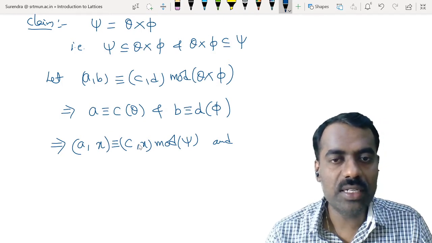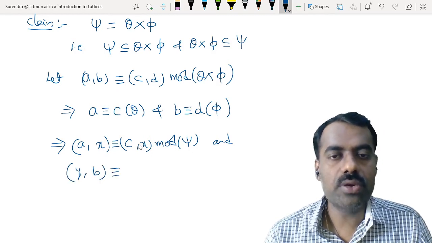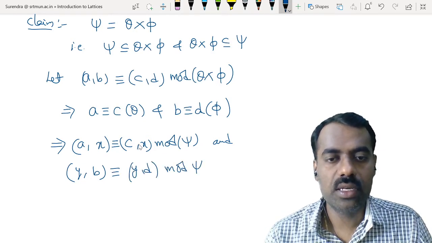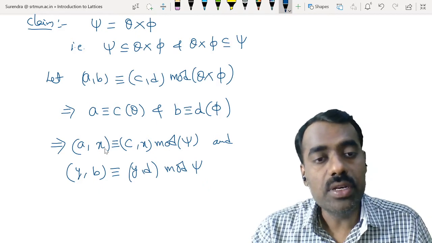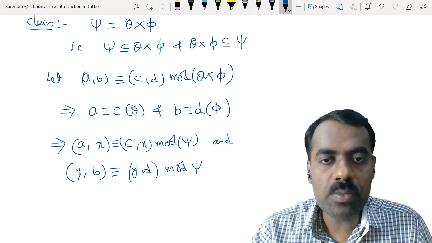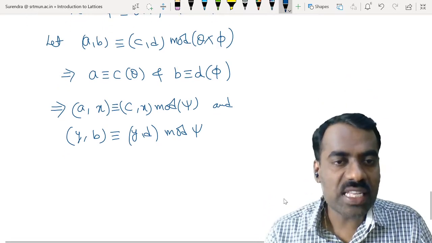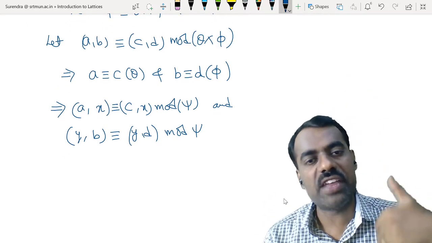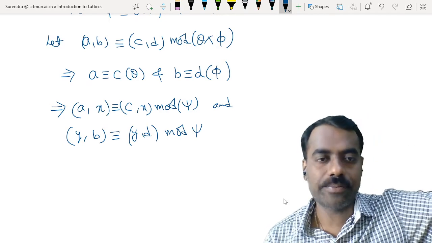What is the meaning of this one? Because it is with respect to y, I can write y comma B is congruent to y comma D modulo psi. Remember, whenever there is a relation for theta, the second coordinate is fixed. Whenever it is congruent modulo phi, the first coordinate is fixed. This is true for every x and every y. We will finally take some suitable x and some suitable y, which we will see later.